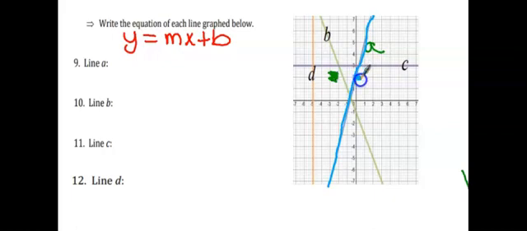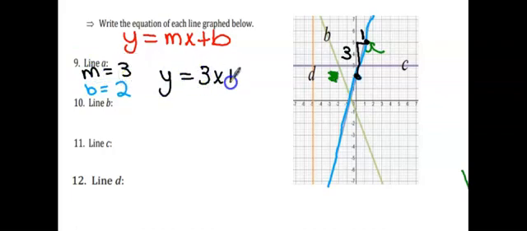I see it starting at the 2, so I know that is my b. And from there, I want to find the next point. It crosses right on the next point, and I got up 3, so rise of 3 and run of 1. So m would be 3. So how would I write that equation? y equals 3x plus 2.